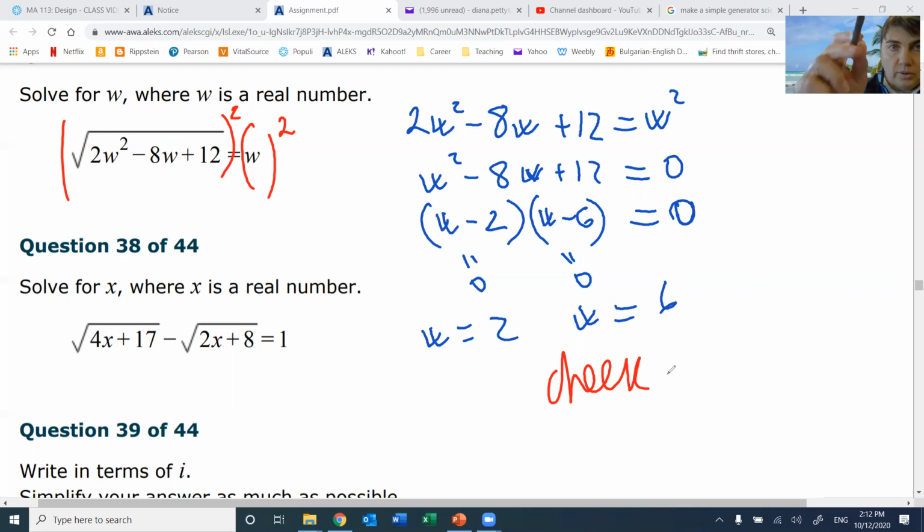Well, the numbers. Let's see what happens. 2.